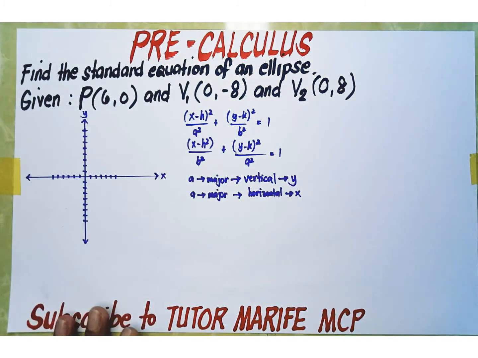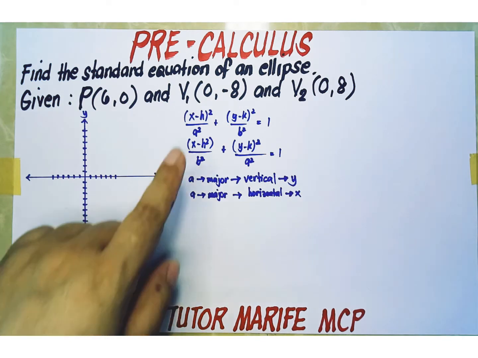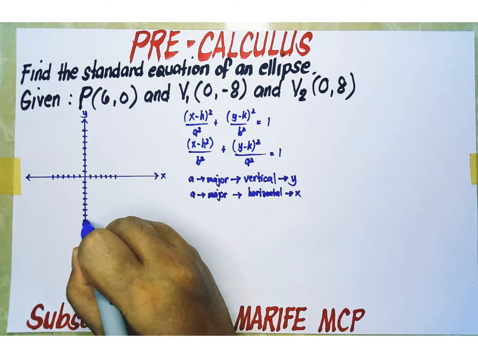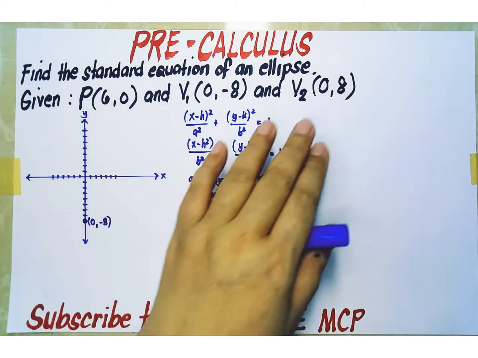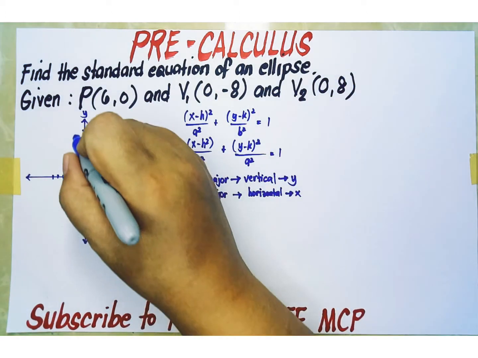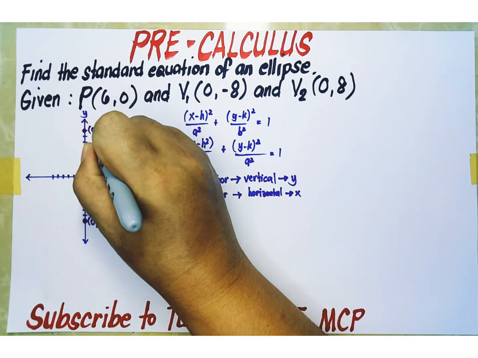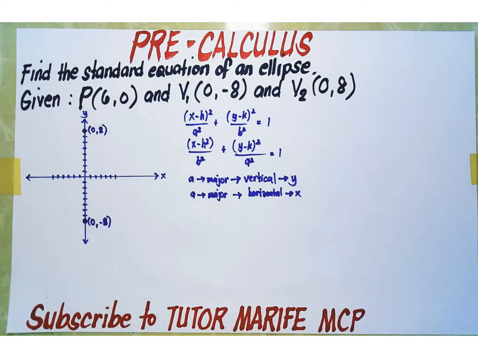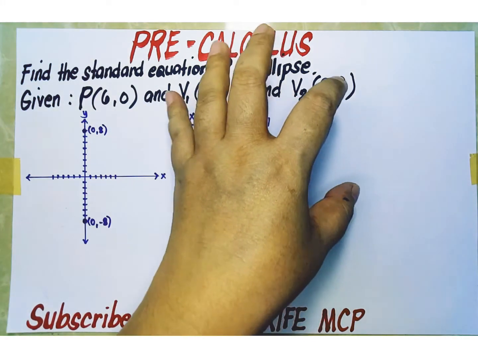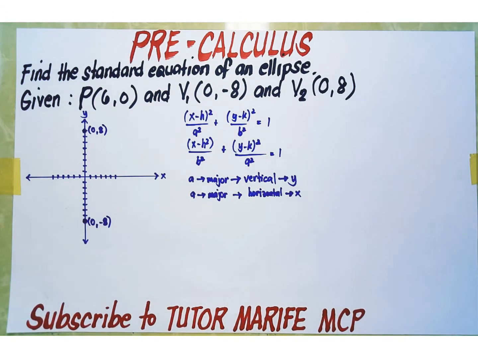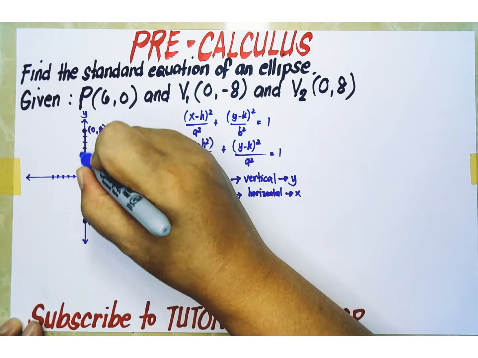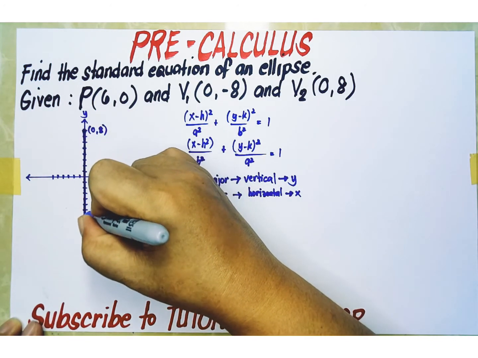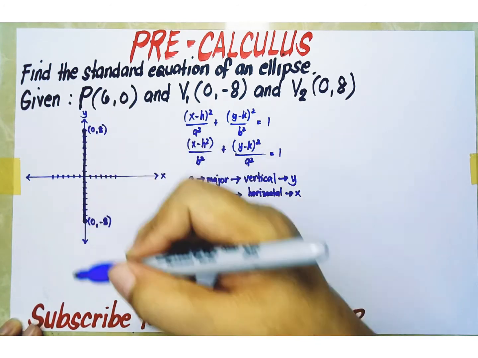Let's plot the vertices. We have the first vertex at (0, -8). The second vertex is at (0, 8). Vertices are the endpoints of the major axis. So if we connect the two endpoints of the major axis, we form a vertical line segment.